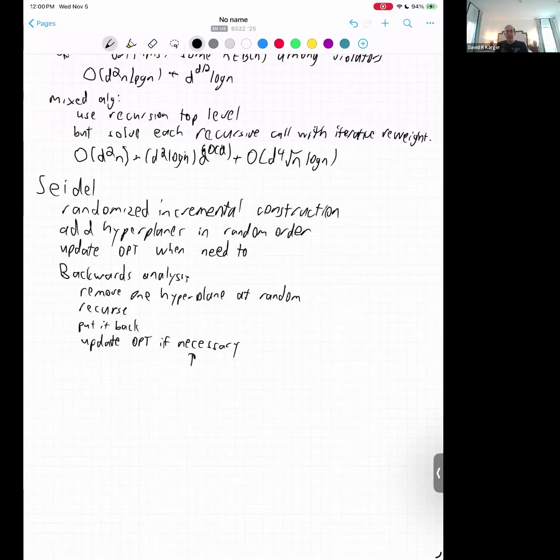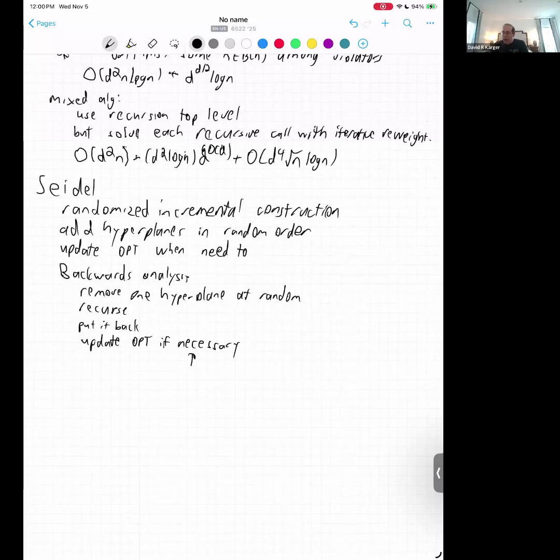If the optimum is already generated by the first n minus one hyperplanes, then I don't need to. I'll already have found it, and my last hyperplane won't violate that optimum, and I'll know I'm at the optimum already. So what does it mean for the opt to be found among the n minus one previous hyperplanes? It just means that the d hyperplanes that define opt were already among the n minus one previous hyperplanes.